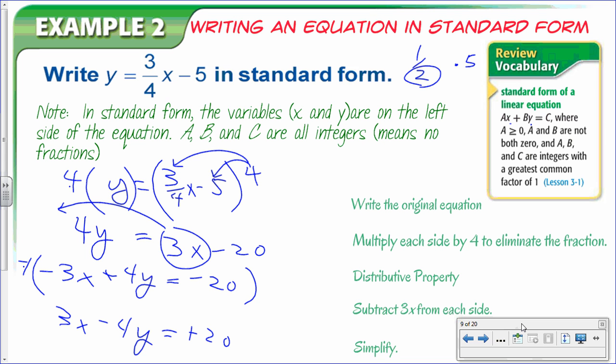So what happens now? I end up with a positive A. So parentheses, show my multiplication, right? Multiply by negative 1. What ends up happening here? Which leaves me with 3x.